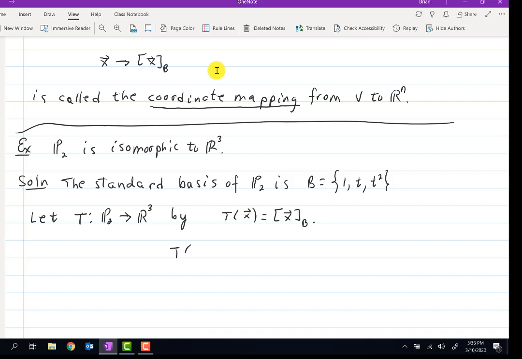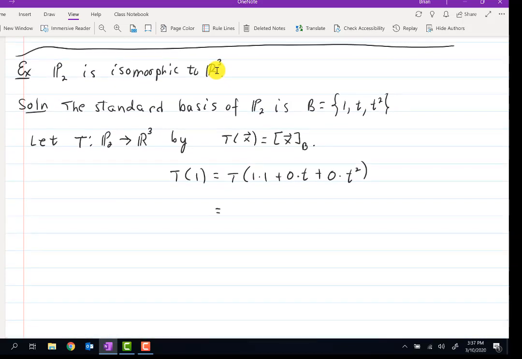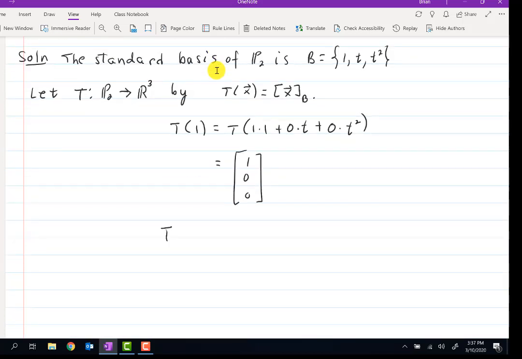T of 1 is the same as T of 1 times 1 plus 0 times t plus 0 times t squared. So its coordinate mapping will be 1, 0, 0. Capital T of lowercase t is T of 0 times 1 plus 1 times t plus 0 times t squared.